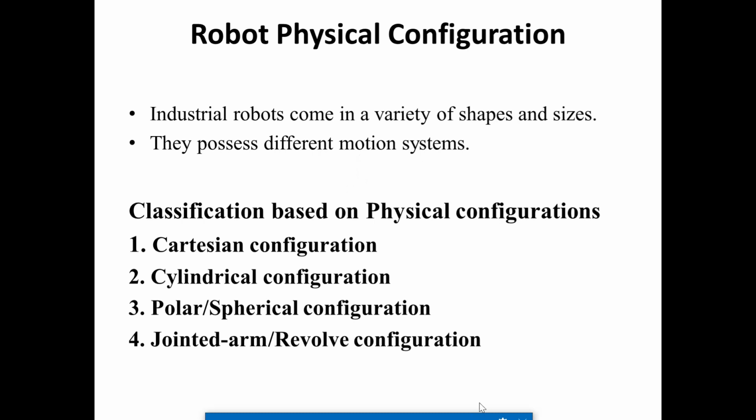The classifications of physical configuration we can see here: the first one is Cartesian configuration, second is cylindrical configuration, third is polar or spherical configuration, and fourth is jointed arm or revolute configuration.